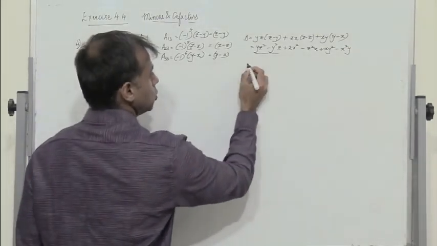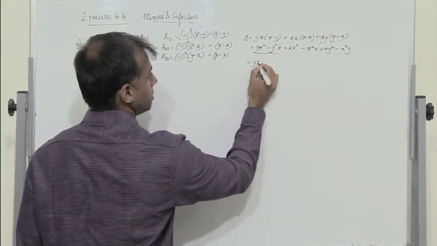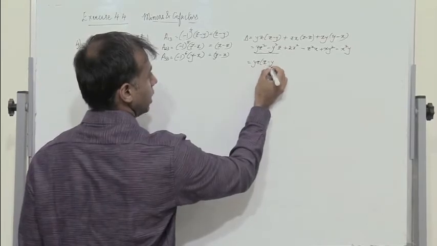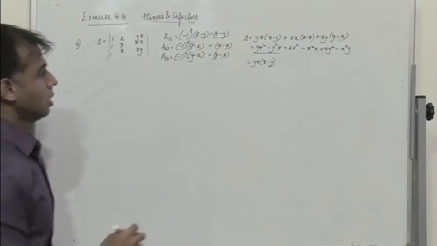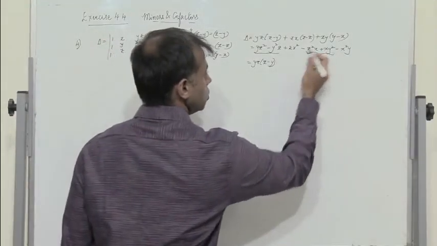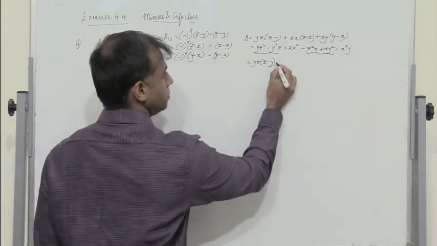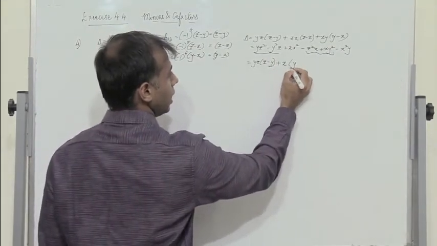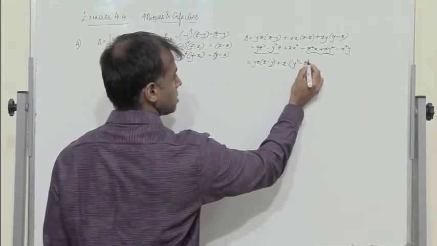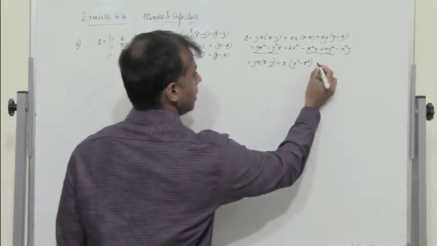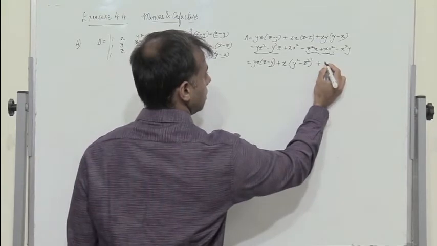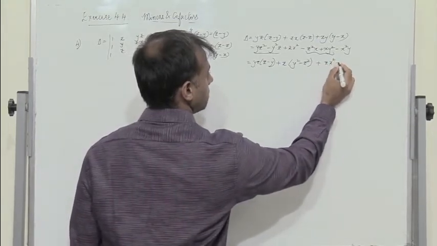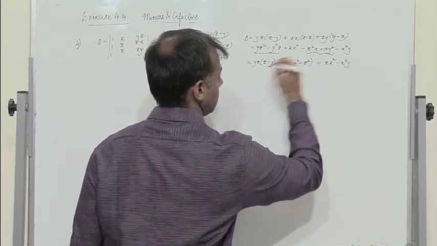Now for the first two, I can take yz common. So I get z minus y. Now let me take these two terms. If I take x common, I get y square minus z square. And then I have plus zx square minus x square y.